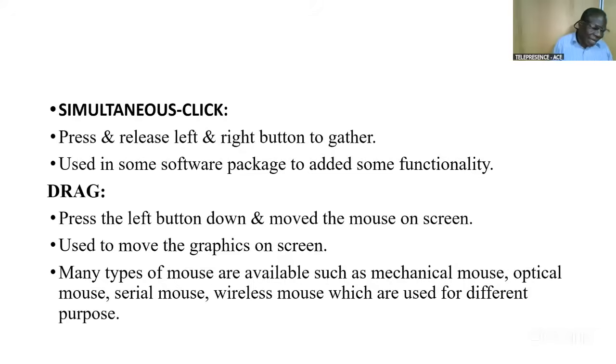Well, we are not going in depth into how those mouse are constructed, but it's sufficient for you at this level to know that we have these types, which can be used for different purposes.